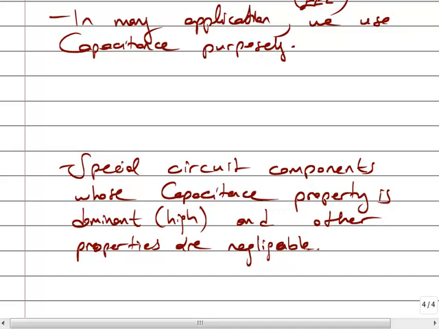What does it mean? We design a component whose capacitance is very high, but whose resistance is very low and inductance is very low. Other electrical properties are very low, and we call them capacitors.